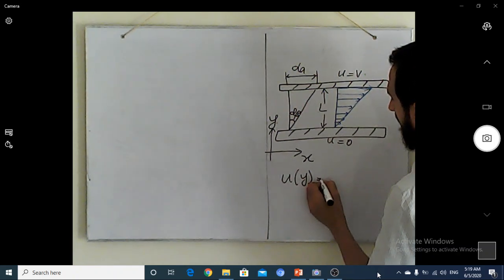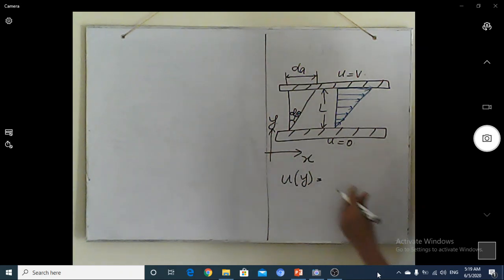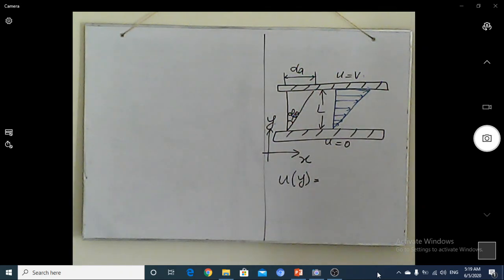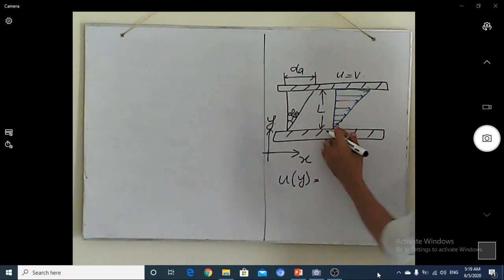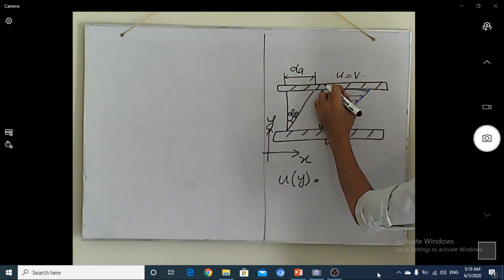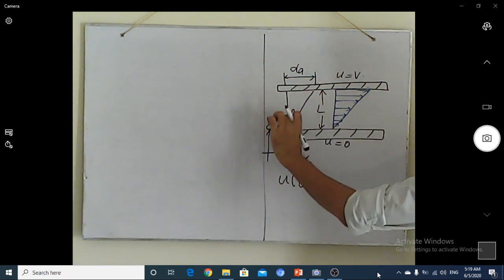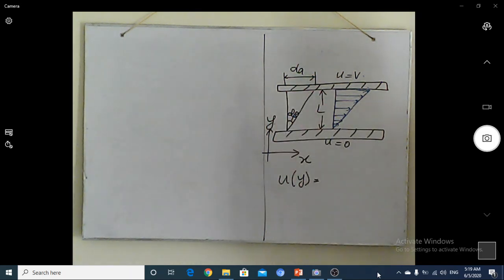Okay, why am I saying this? Because if we move from this part to that part, it definitely depends on the y component. Let y be a variable.